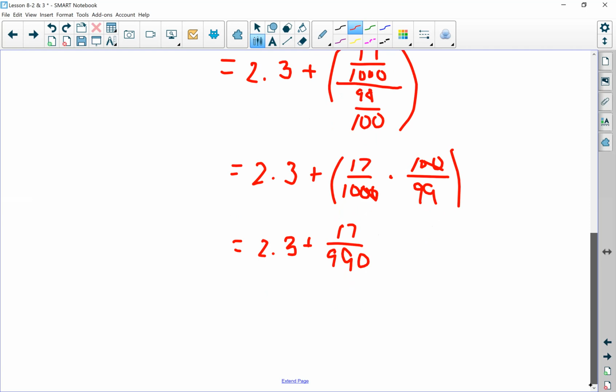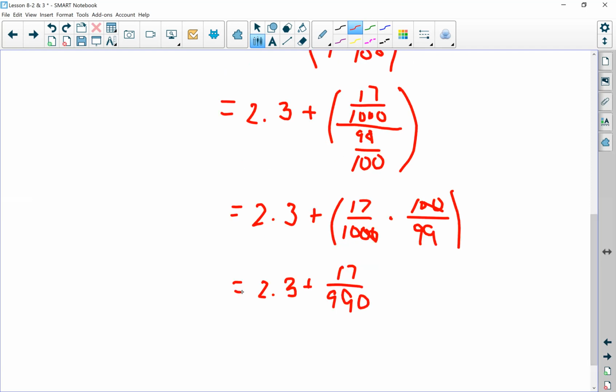You could do 2.3 plus 17 divided by 990 math fraction, and it would give it to you, and it would reduce it if it could be reduced. It's kind of nice. The 2.3171717, you can't just type that into your calculator, okay? So just be aware of that.